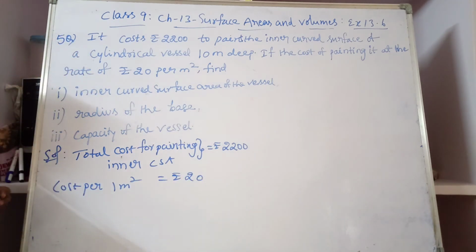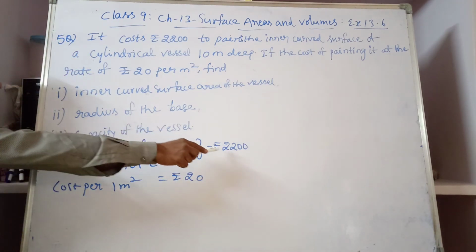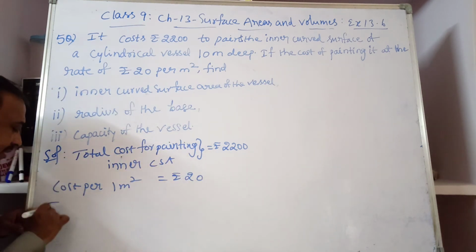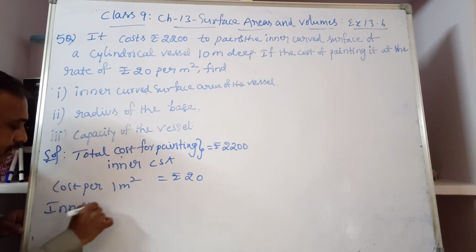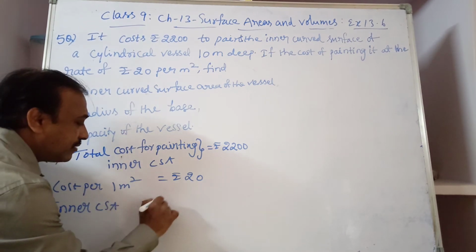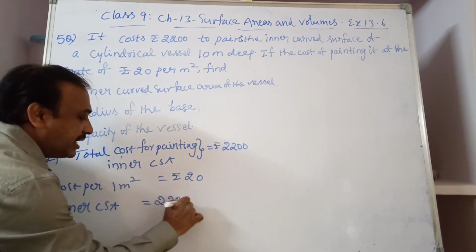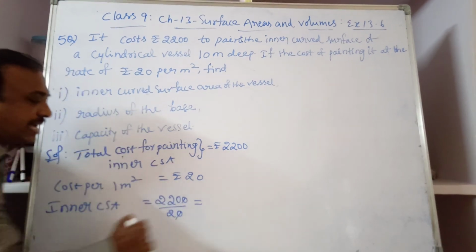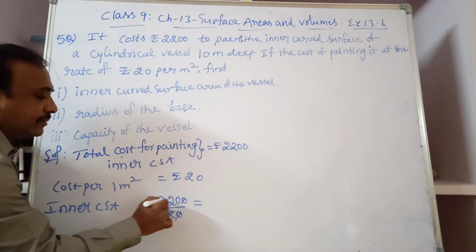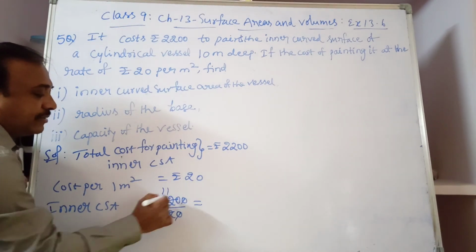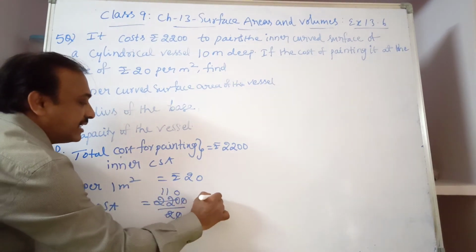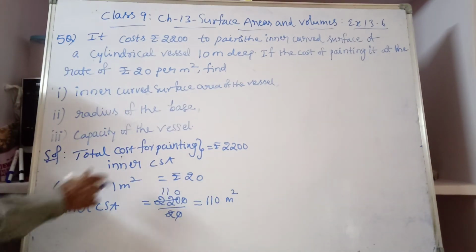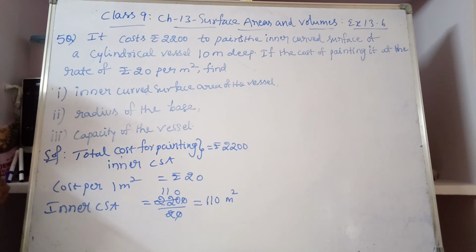So if you want to find the inner CSA, you have to divide these. Inner CSA is equal to 2200 by 20, the zeros cancel, which gives you 110 meter square. You got 110 meter square.